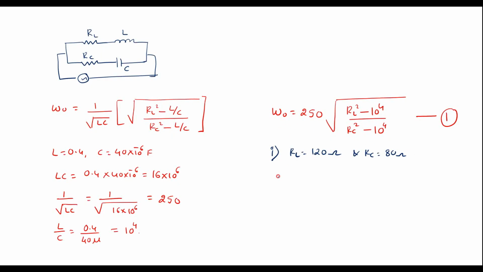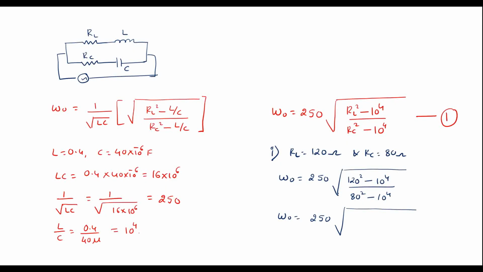Let me substitute in this equation to get omega naught is equal to 250 under root, 120 square minus 10 power 4 divided by 80 square minus 10 power 4. Solving this, 120 square minus 10 power 4 gives 4400, divided by 80 square minus 10 power 4, which gives minus 3600.